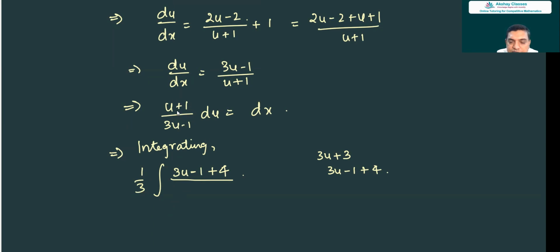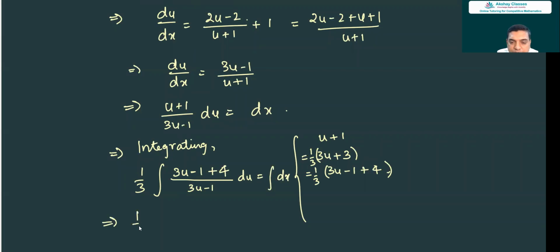So this u plus 1, I am writing as 1 by 3 times 3u minus 1 plus 4. This is separating to partial fractions. That's all.